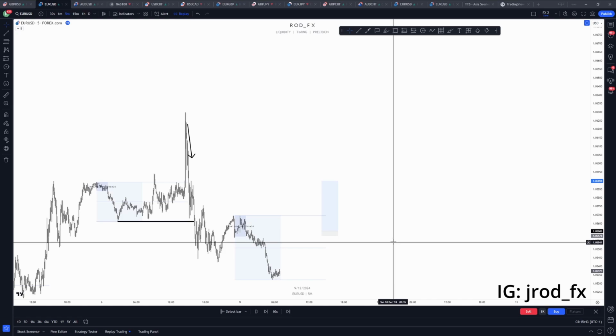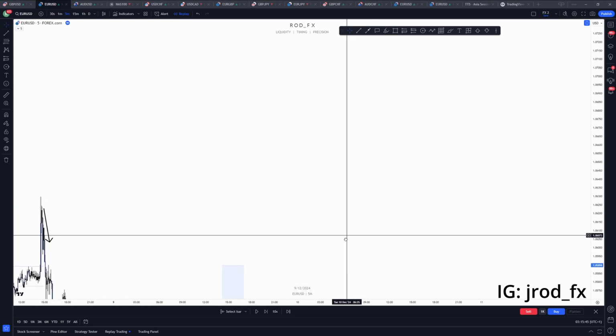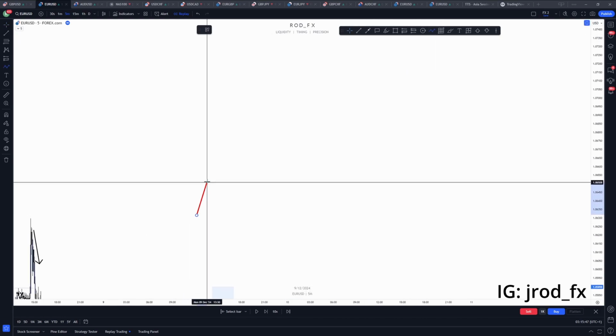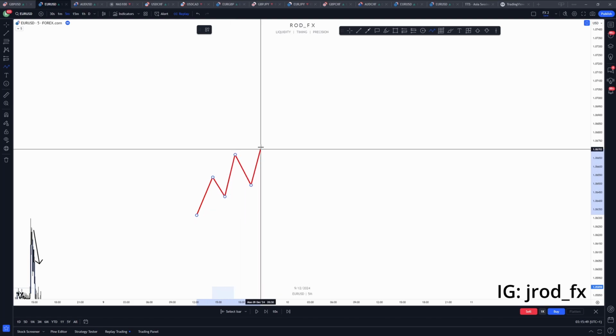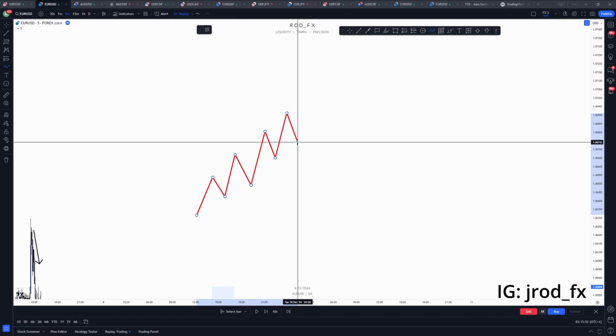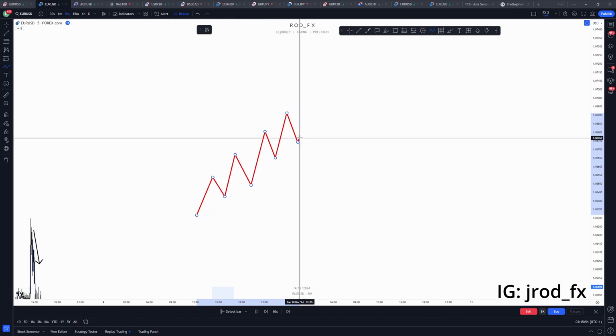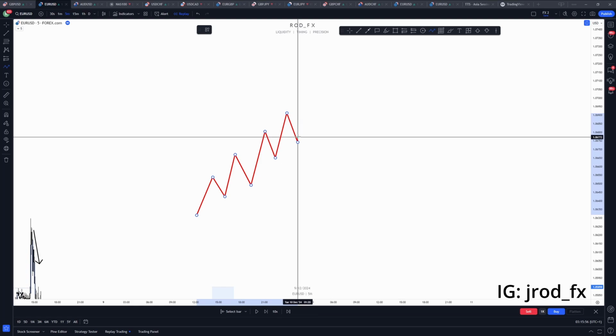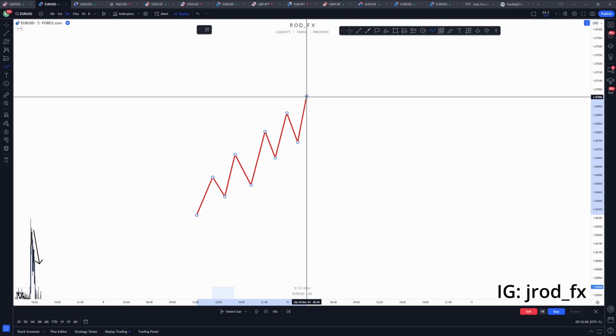Let's do a little recap of what is structural expectation. Market is doing higher highs and higher lows. At this point, when price pauses, let's say this is your current session, most likely the best possible scenario is that the price will do a new high.